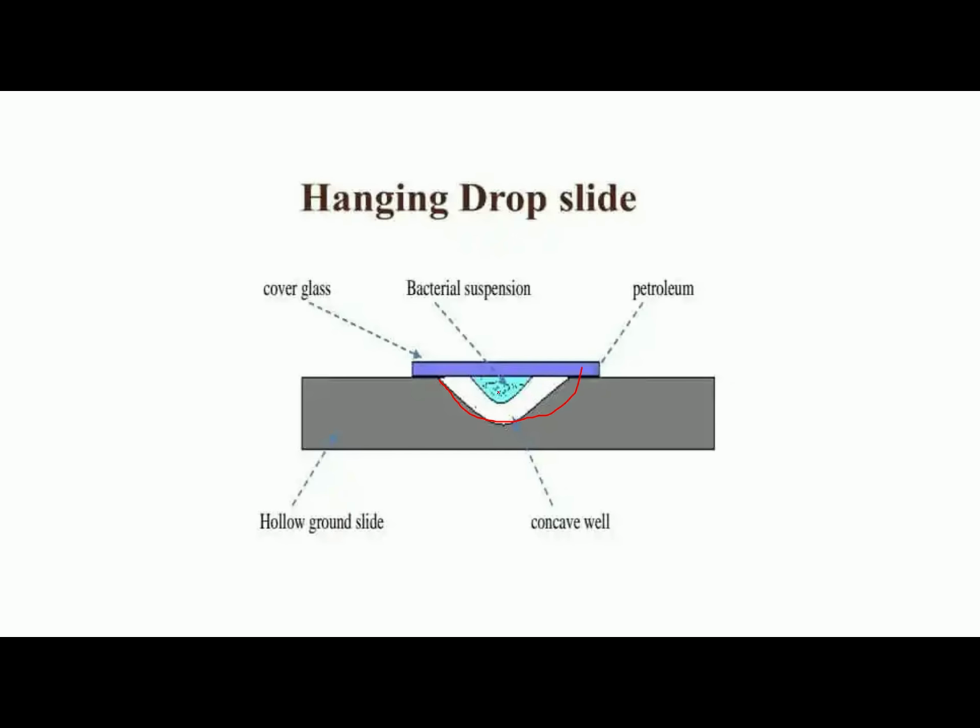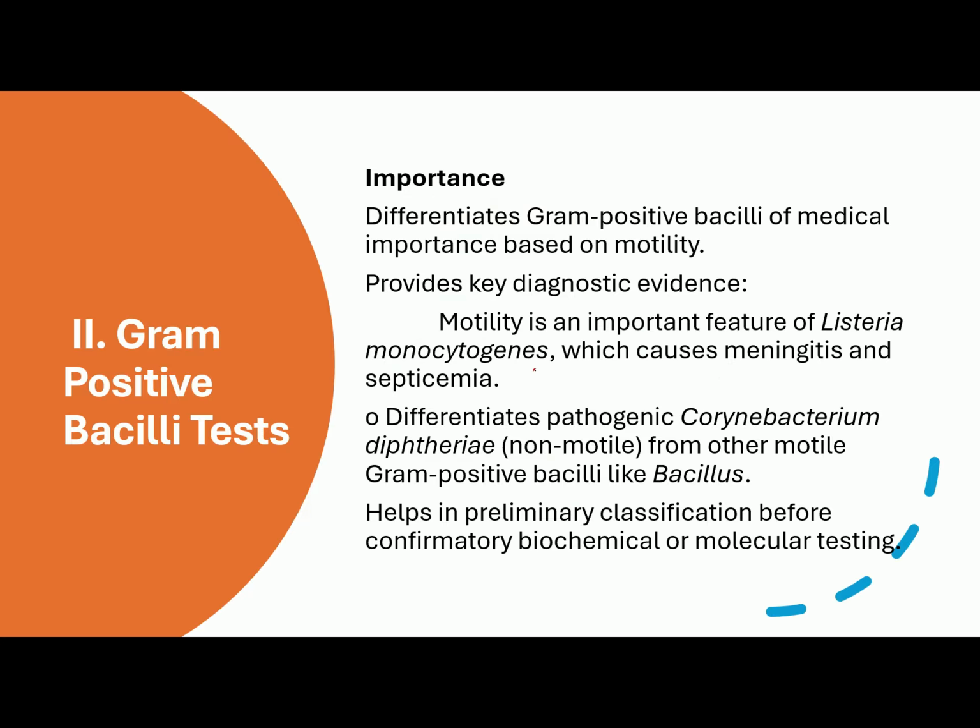You place the suspension on a cover glass, then look for directional motility. It is used to differentiate motile from non-motile bacteria, because a lot of bacteria, such as your Listeria, can cause meningitis and septicemia.